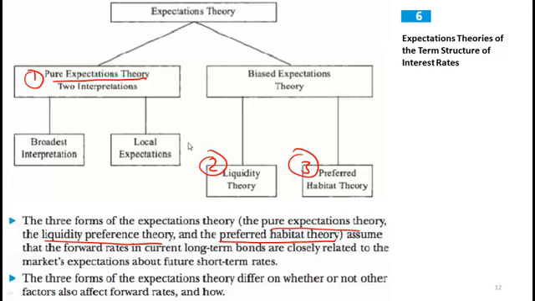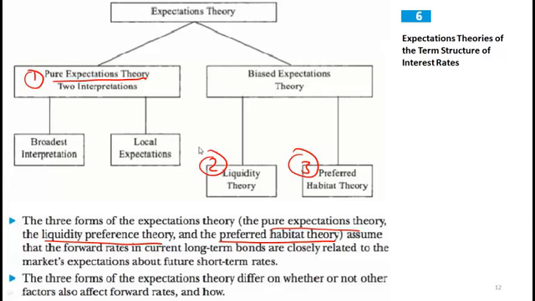Now do you remember this thing called the forward rate? What's the forward rate? For example, if I say what is 6-month LIBOR going to be in January 2013? That is a forward rate.